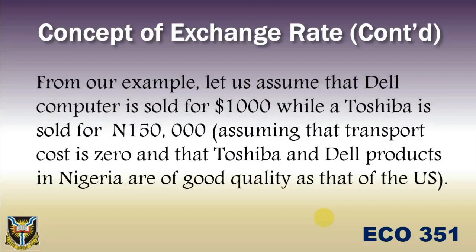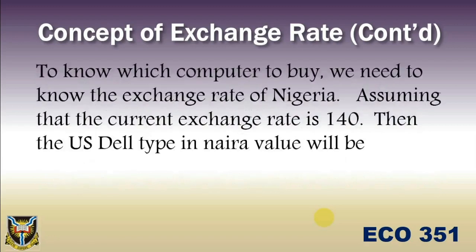From our example, let us assume that Dell computer is sold for $1,000, while a Toshiba is sold for 150,000 naira. Assuming that transport cost is 0 and that Toshiba and Dell products in Nigeria are of good quality as that of the US. To know which computer to buy, we need to know the exchange rate of naira.